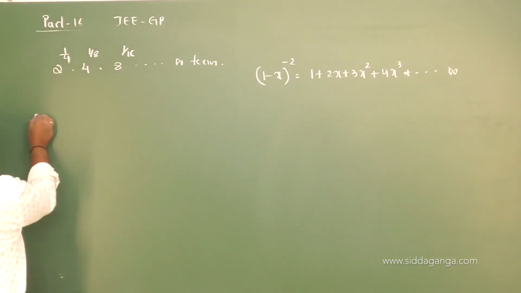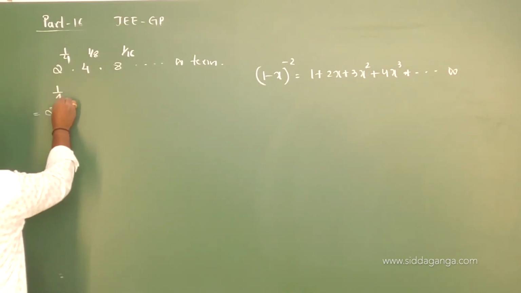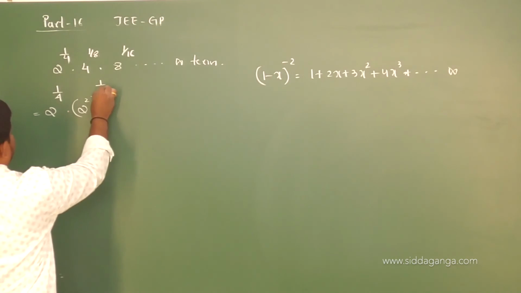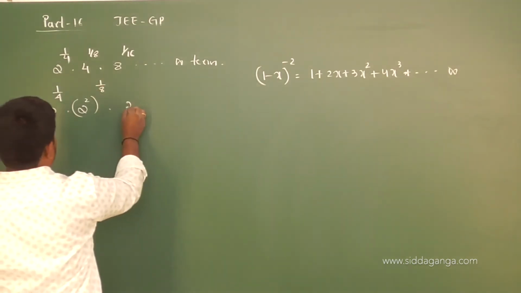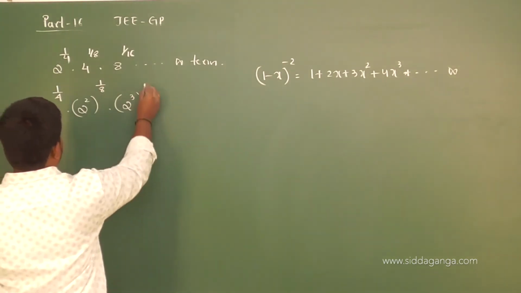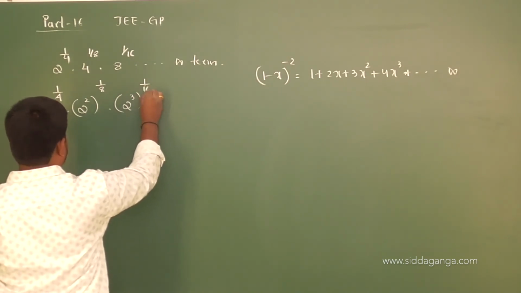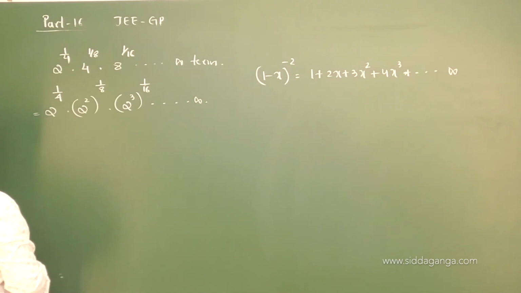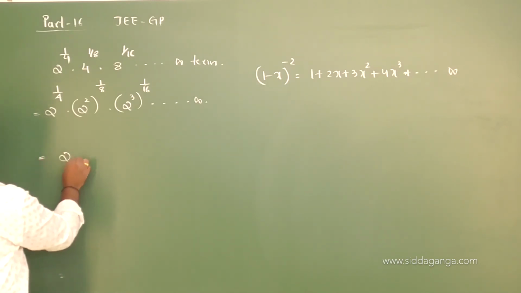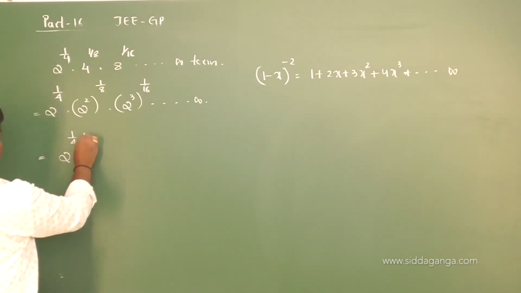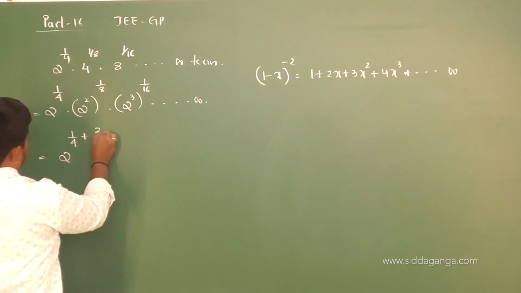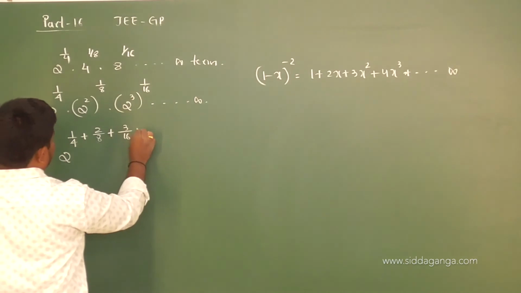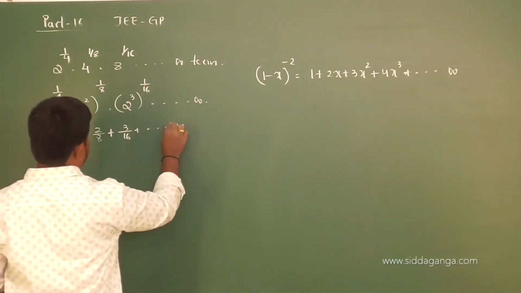Here I am going to write this as 2 power of 1/4 into 2 square power of 1/8 into 2 cube whole power of 1/16 and so on, infinite terms. Here we have 2 power of 1/4 plus 2/8, plus 3/16, and so on, infinite terms.